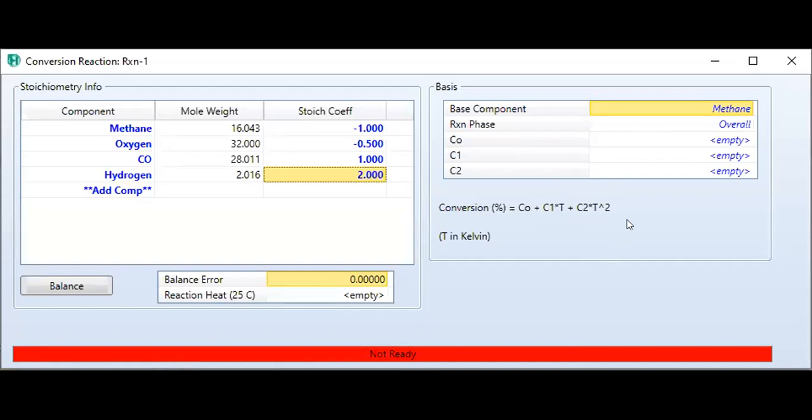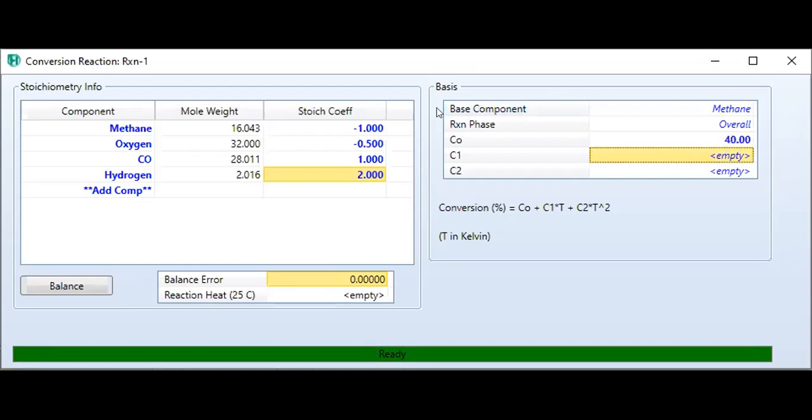If you know the values of the C0 constant, then the C1 constant at that particular temperature, then C2 at that temperature, you can input all of those. Otherwise, as of now, we only have the value of constant C0, that is 40. This I'm going to enter.